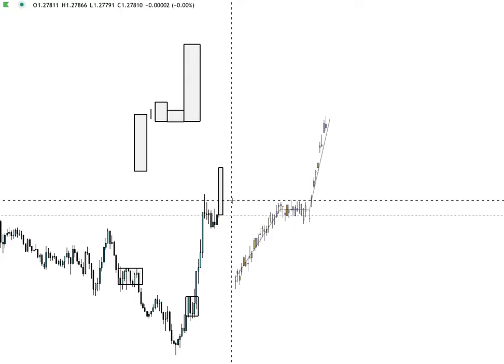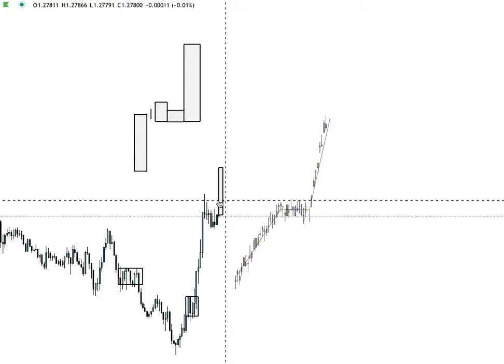Now, why, right? Because the strength of the move tells you a lot. Basically, the faster and further the market moves away from your base, the stronger it's going to be once it comes back to touch your entry, right?